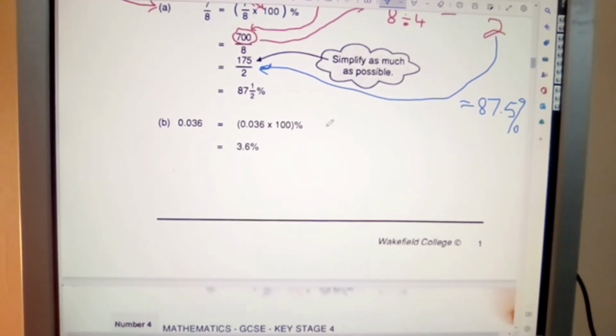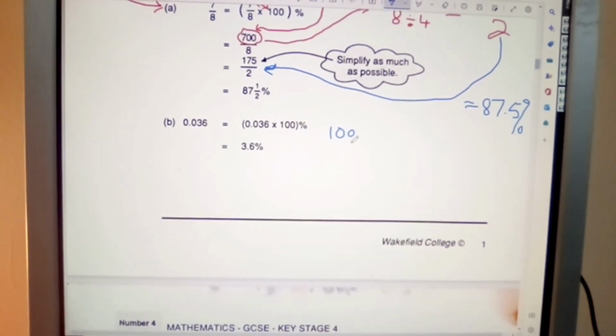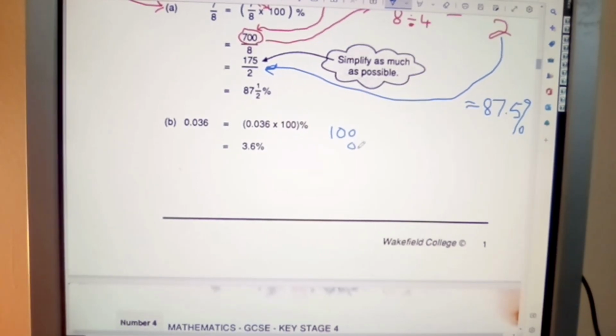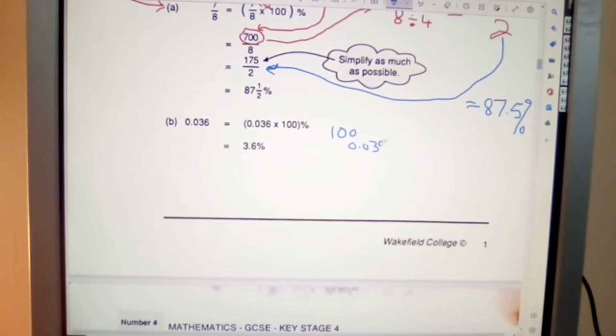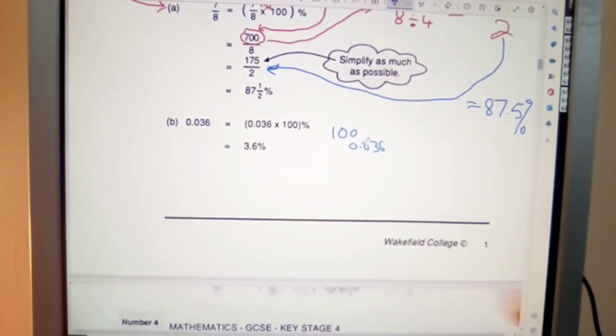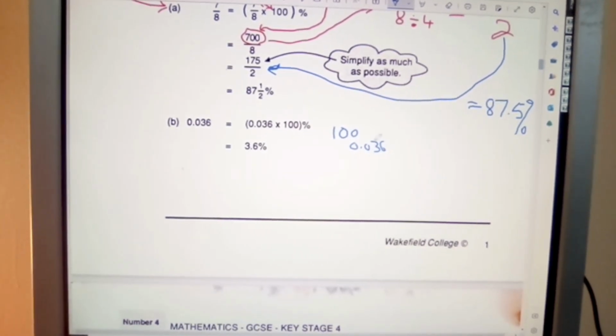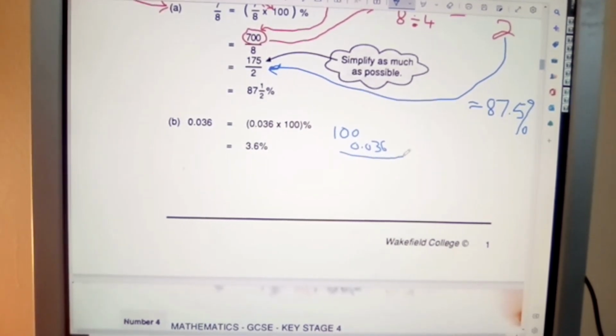So we're going to multiply 100 times 0.036. Well, you're not going to multiply by 0, but we know that we have 1, 2, 3 decimal places to move it. So we simply multiply that by 100 by 36.